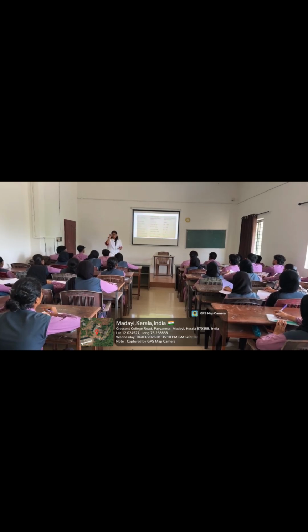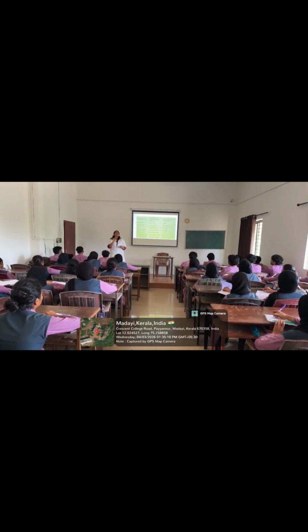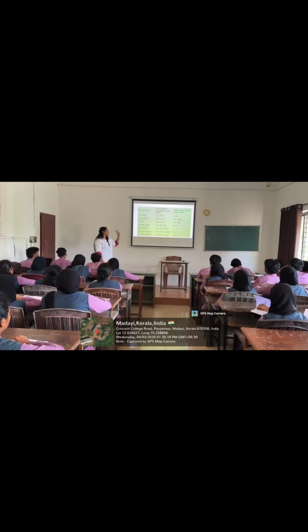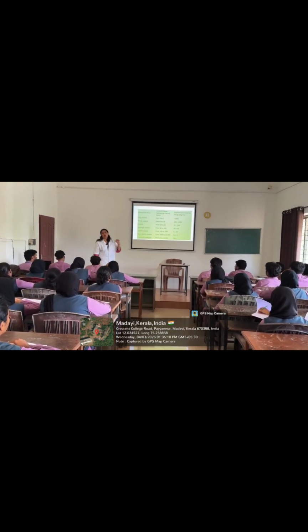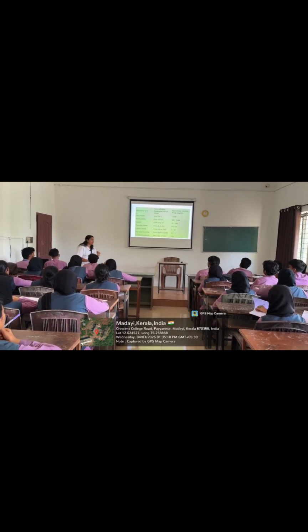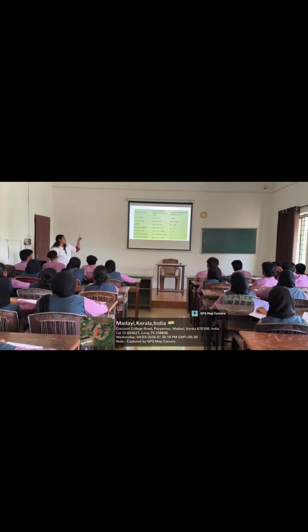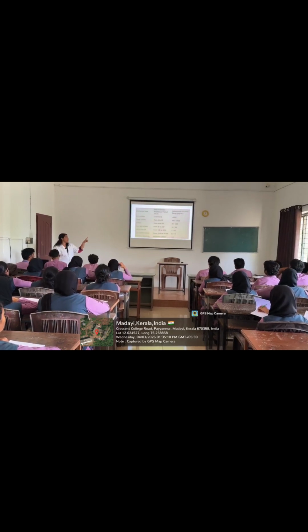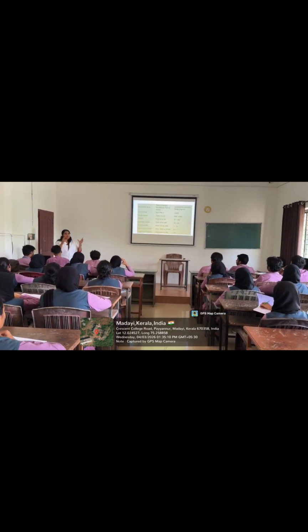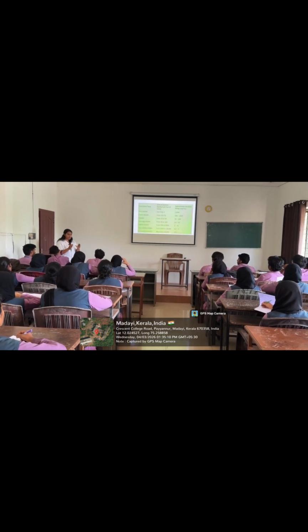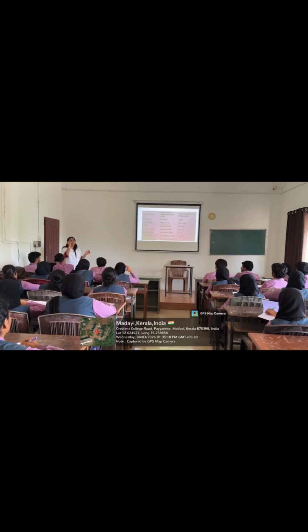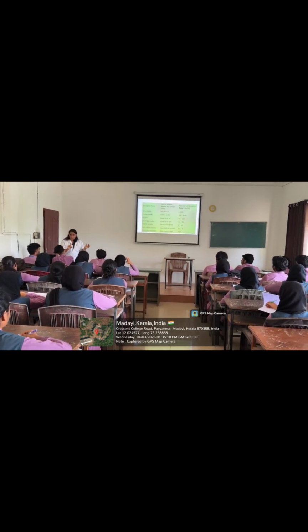To dissolve one part of the solute, how much solvent is required? That is given in the second column, and the third column gives the solubility range. Look at the first term, very soluble. In the second column, less than one part is given. From the term itself, it's clear: to dissolve that solute, only less than one part of solvent is required.